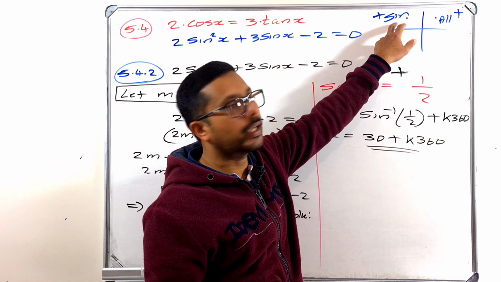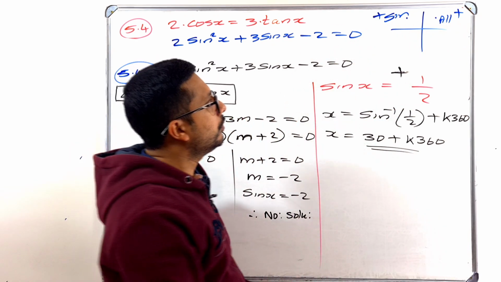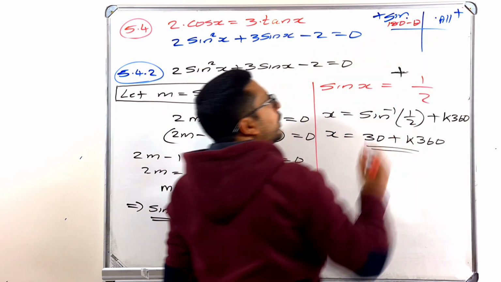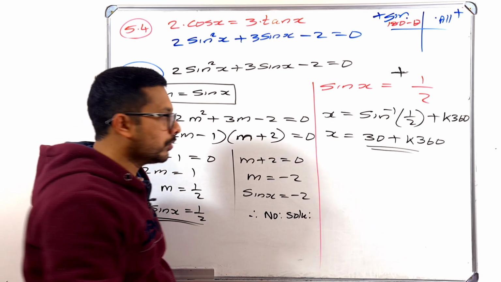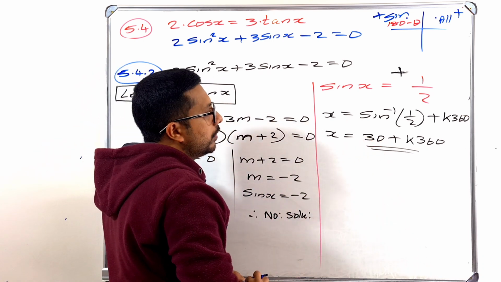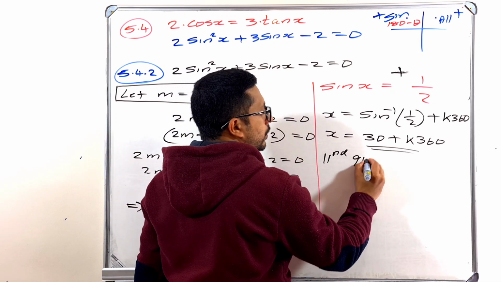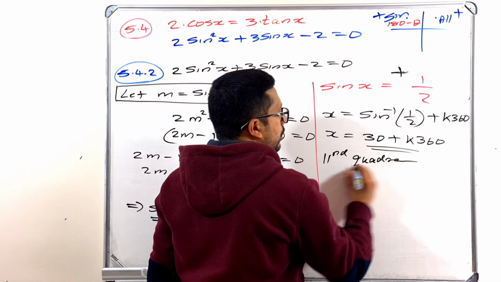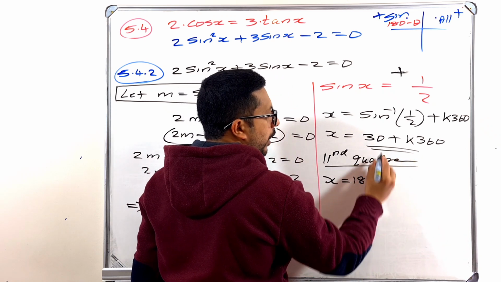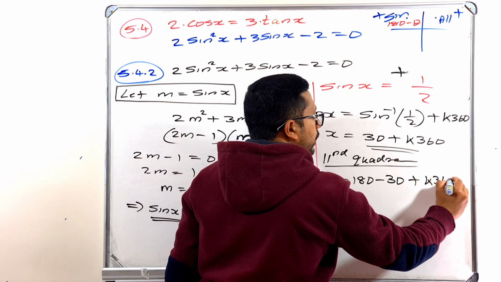Now what about the second quadrant? General solution, you have to write all the solutions. Second quadrant, how can you write? 180 minus theta. Am I right? So here theta is the reference angle 30. So x is equal to 180 minus 30 plus k 360.